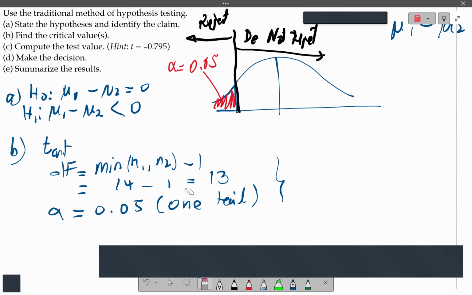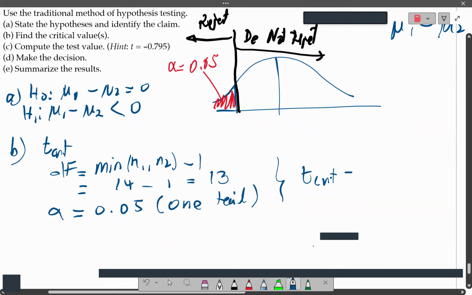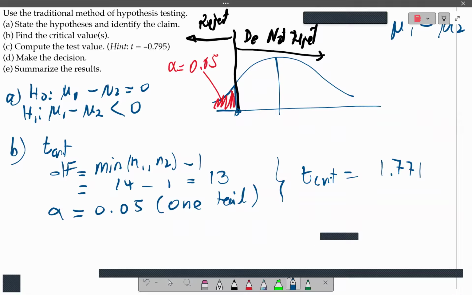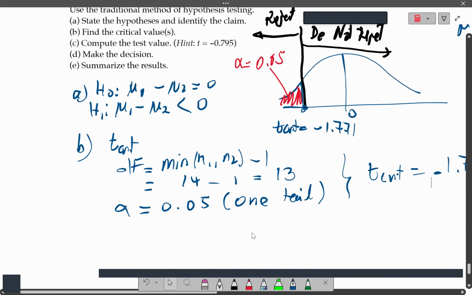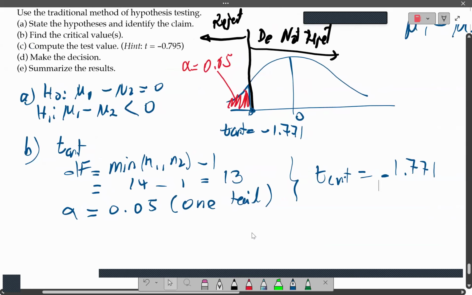So the T critical value is 1.771. However, since it is on the left side, it's going to be negative, right? I just want to double check this.